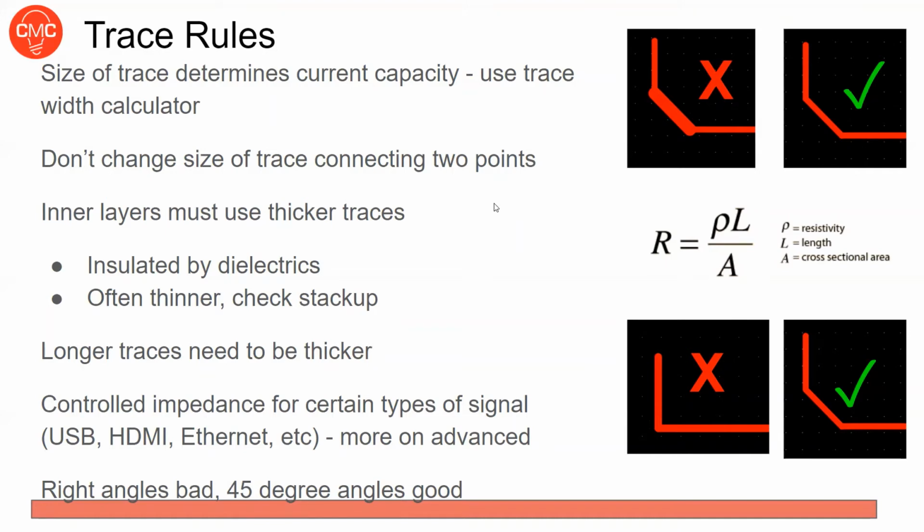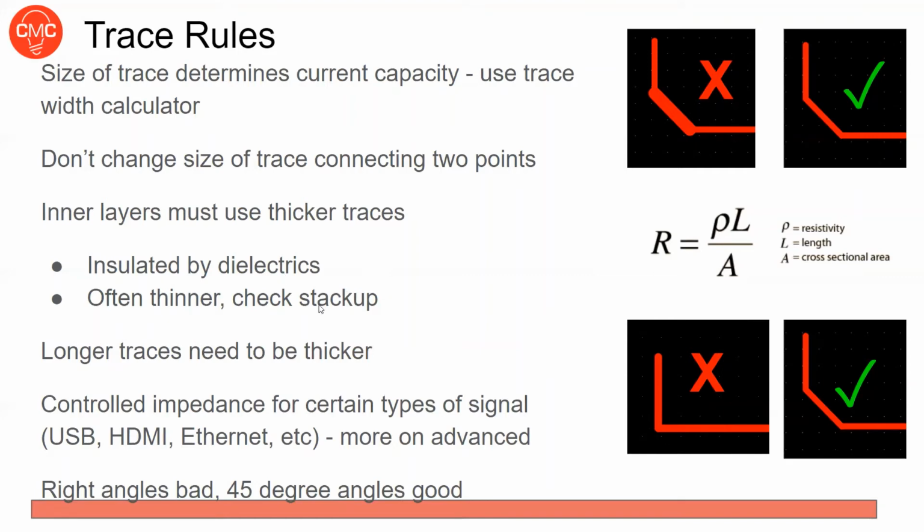If you have inner layers, you have to use thicker traces for two reasons. One is that, depending on your stack up, you should check the layer stack up so you know how thick each layer is. Sometimes the inner layers are thinner, a different thickness than the outer layers. You can plug that into your trace width calculator, but also consider it when using internal signal layers, which you don't have in a 2-layer board, but let's say you did for a 6-layer or 8-layer board.